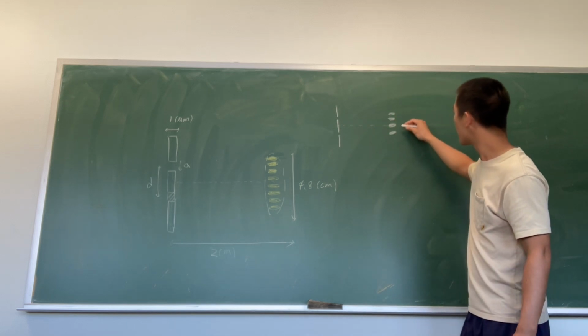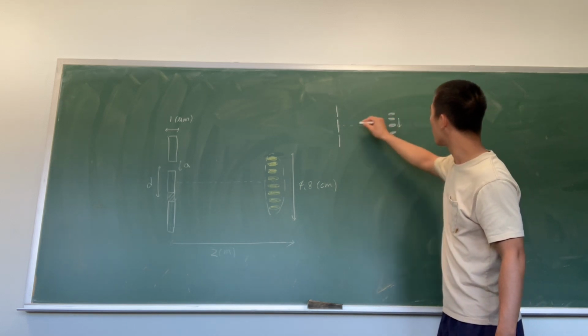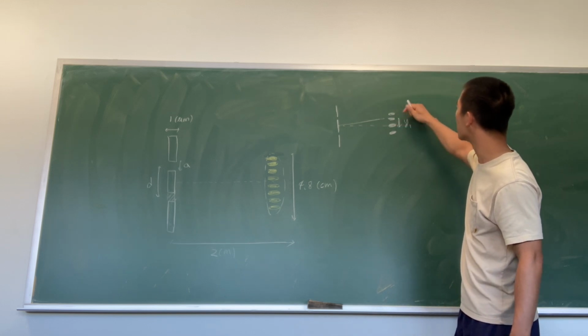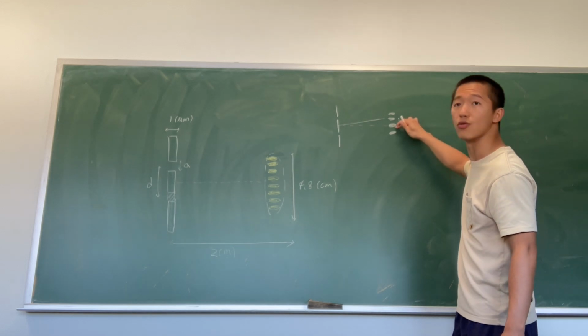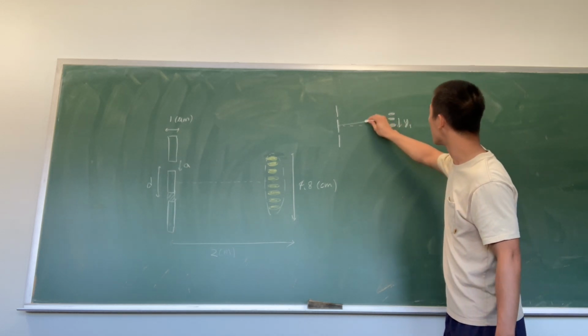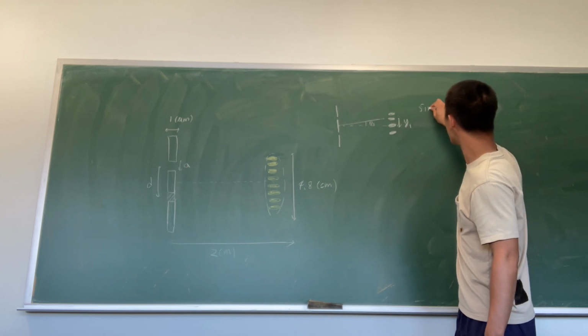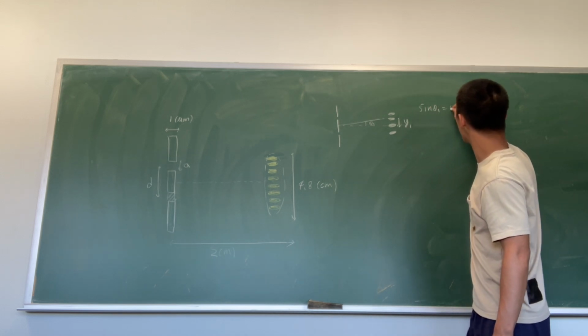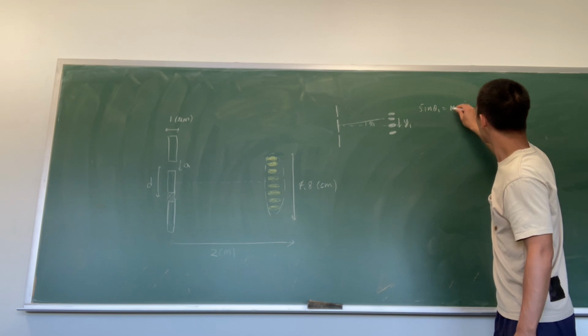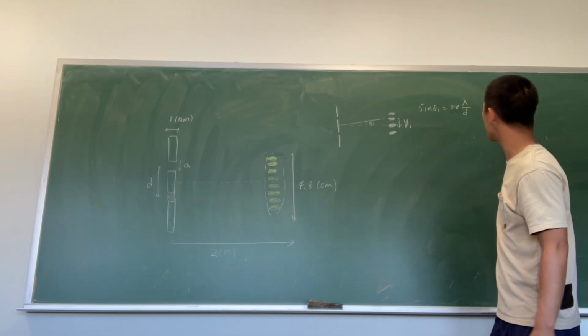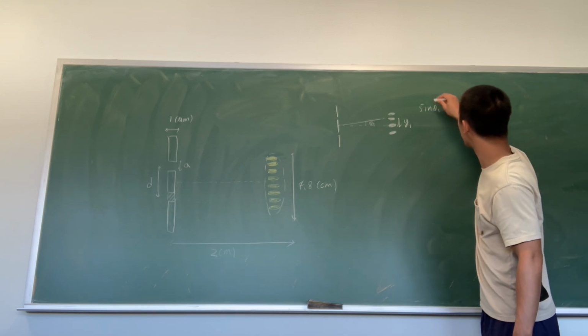Then the spacing between the bright spots will be the y position, the height of the location of the first bright spot to the center, and that will be theta 1, which is the angle for the bright fringe of the double slit, which follows from this formula.